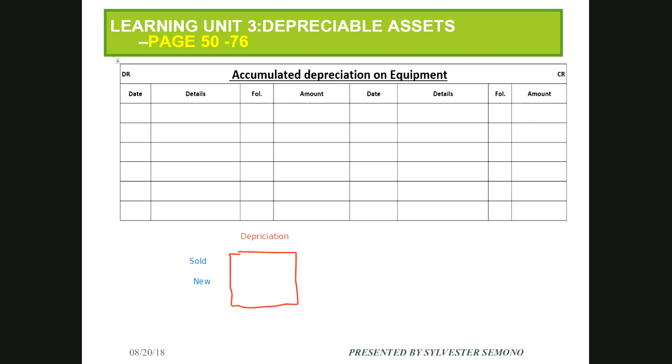Yes, we sold one. Remember we sold this vehicle on the 1st of September 2015. Let me quickly draw this so that everyone can follow. This was the timeline.